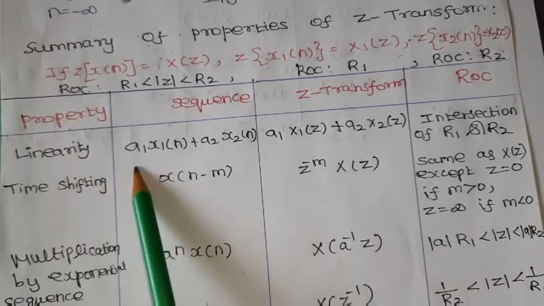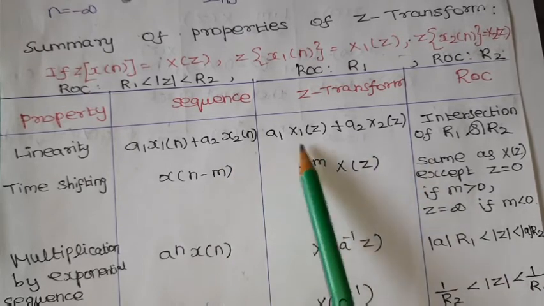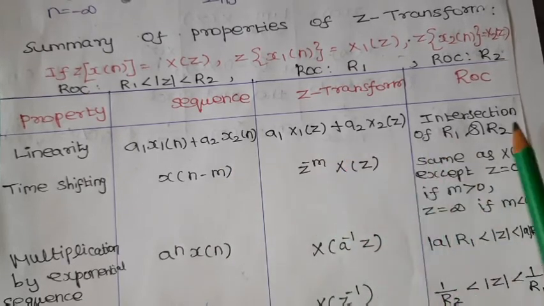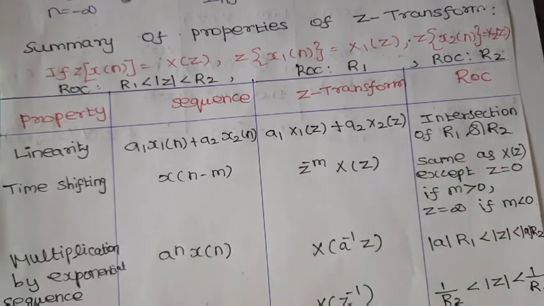For the linearity property, A1 x1 of n plus A2 x2 of n, when taking the Z transform, gives A1 x1 of Z plus A2 x2 of Z, and the ROC will be at least the intersection of R1 and R2.